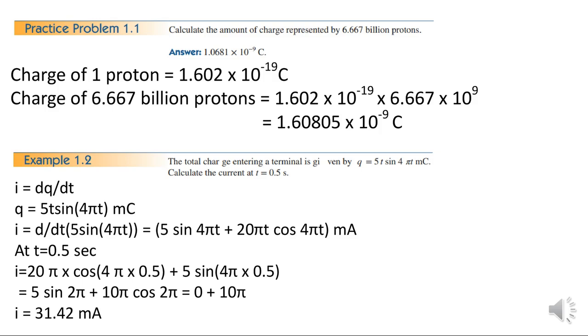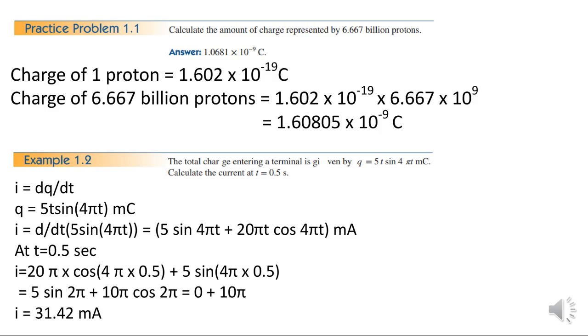And in example 1.2, we were given a charge equation which varies with respect to time, and the total charge entering the terminal is given by q = 5t sin 4πt millicoulombs. We were asked to calculate the current entering at t = 0.5 seconds.